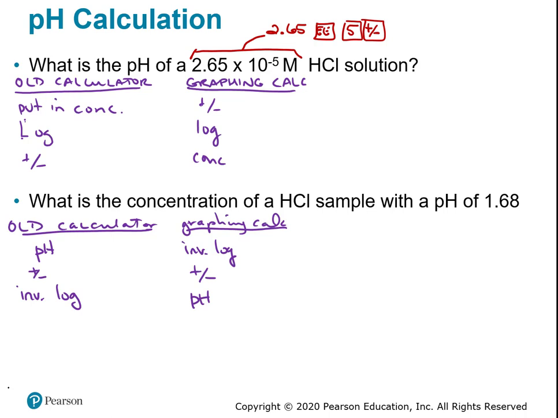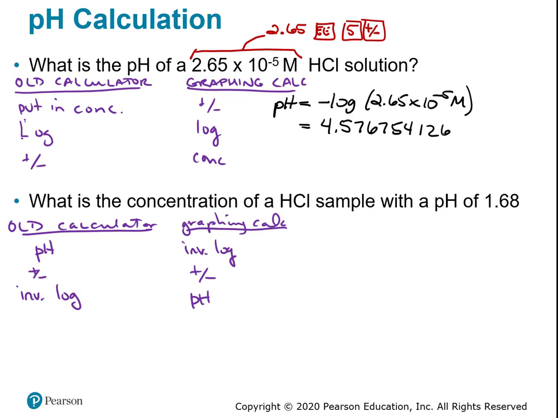So pH equals minus the log of 2.65 times 10 to the minus 5th molar, which is 4.576754126. Everybody get that?